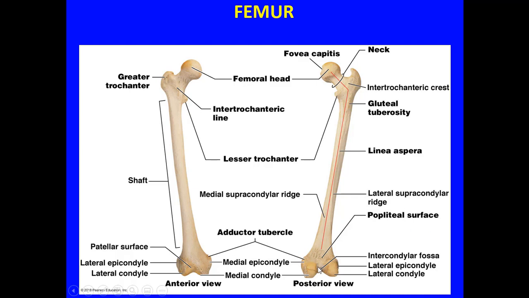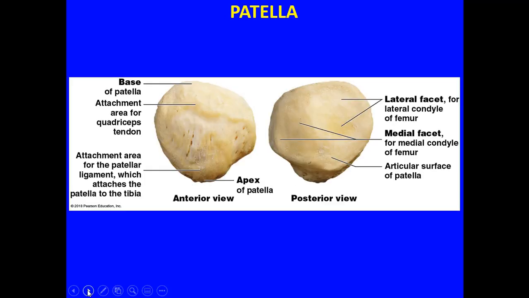You have the popliteal surface right here. The intercondylar fossa here with the lateral epicondyle and the lateral condyle here, the medial condyle, the medial epicondyle, and of course the adductor tubercle.